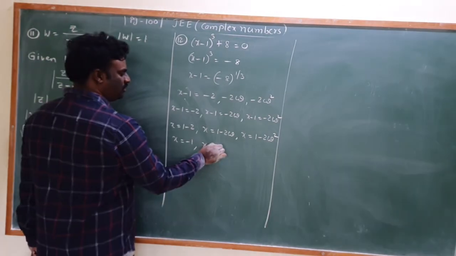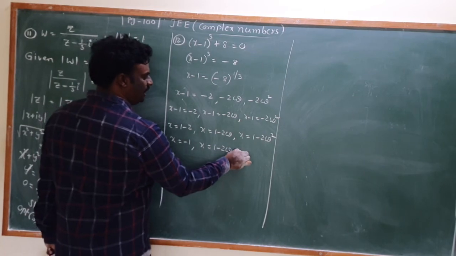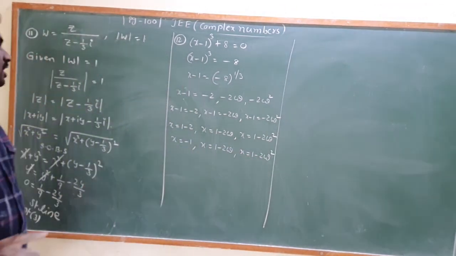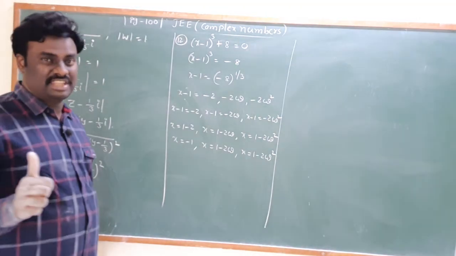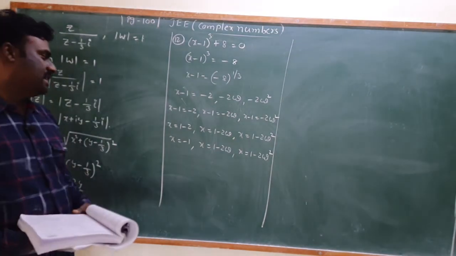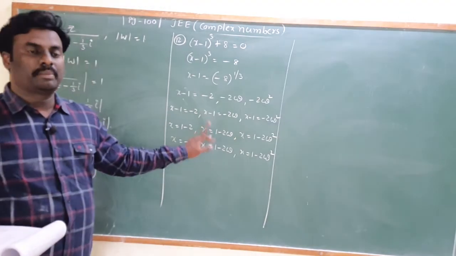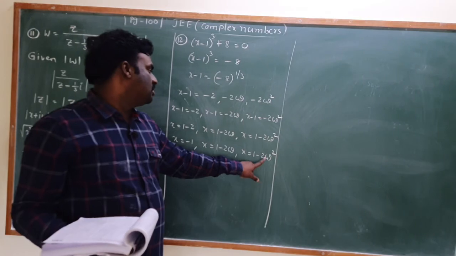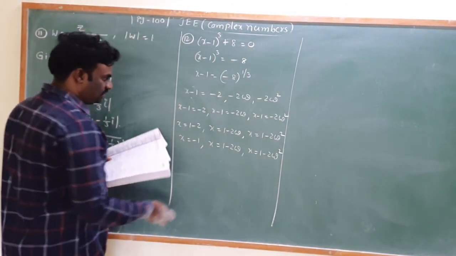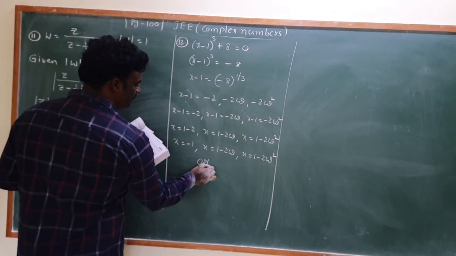So finally, we got 3 roots for this equation. Why? Because the power is 3. Therefore, the first root is minus 1, the second one is 1 minus 2 omega, the third one is 1 minus 2 omega square, that is nothing but option 3, the correct answer.